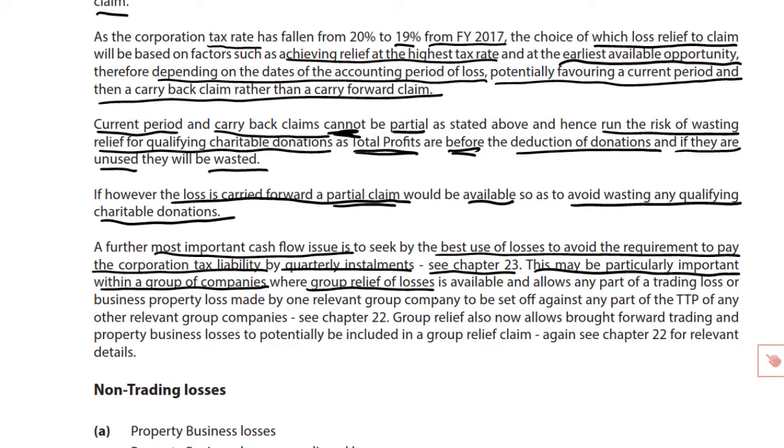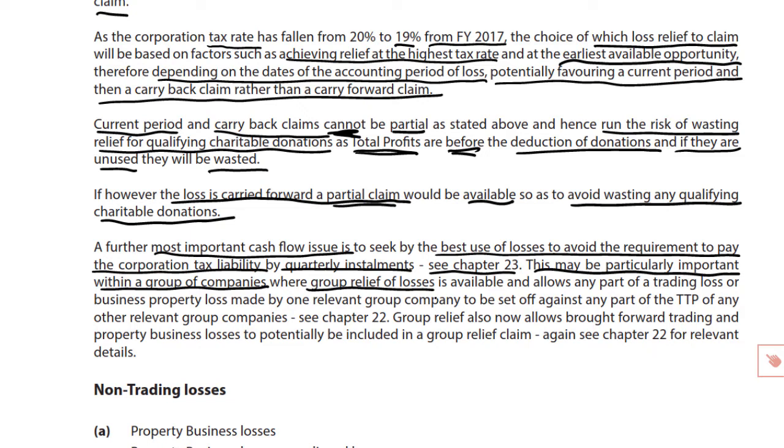Now again, we haven't defined which group companies. That is in Chapter 22, dealing with groups and group relief. But the concept is a simple one. We can move any part of a loss out of the loss-making company and allow it to be used against the profits made by a different group member.